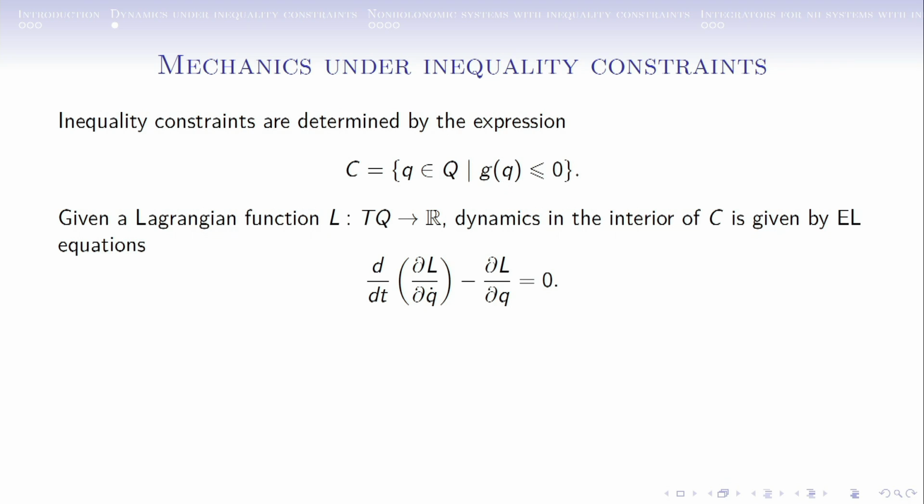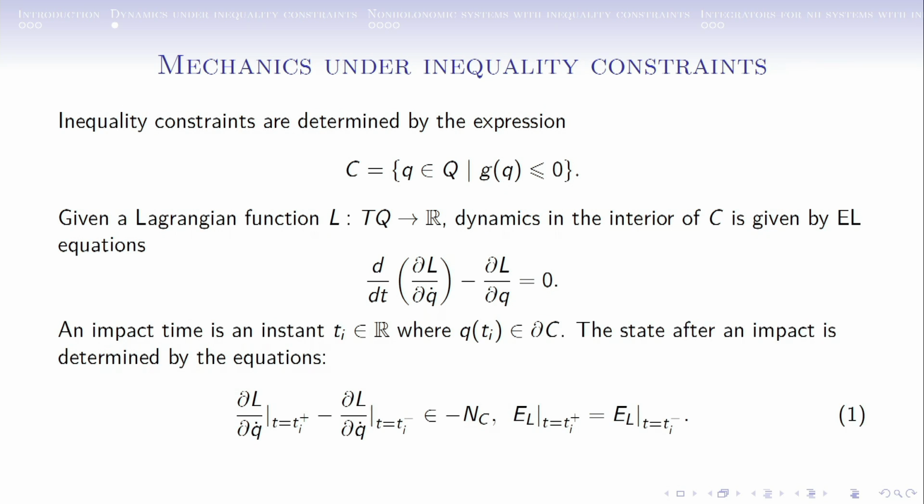And of course, when these systems are in the interior of this kind of manifold, they are regular systems without constraints. In this case, where I've picked a Lagrangian function, they satisfy all the Lagrangian equations.